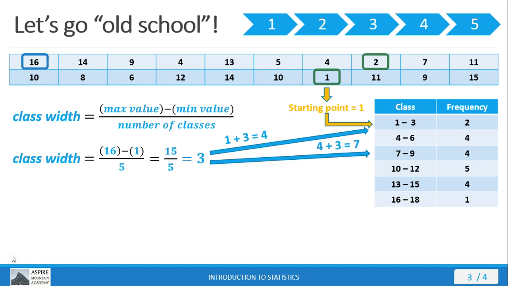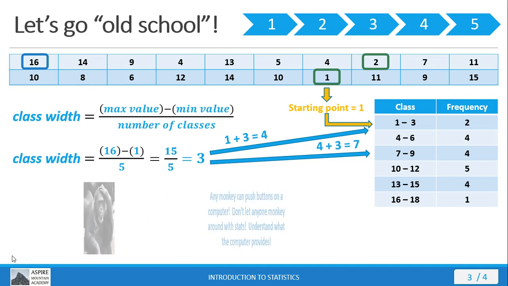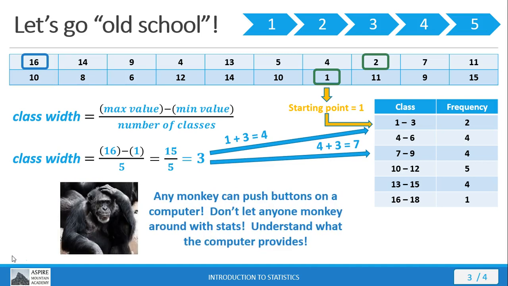Keep in mind, you'll not likely do this very much in this course because you'll have a computer doing this for you, either StatCrunch or Excel. I'm very much a fan of the 21st century, so I hardly ever go old school here. However, because any numbskull monkey can push buttons in software, I went through this exercise, as I will other old school exercises, to help you understand what the computer is doing.